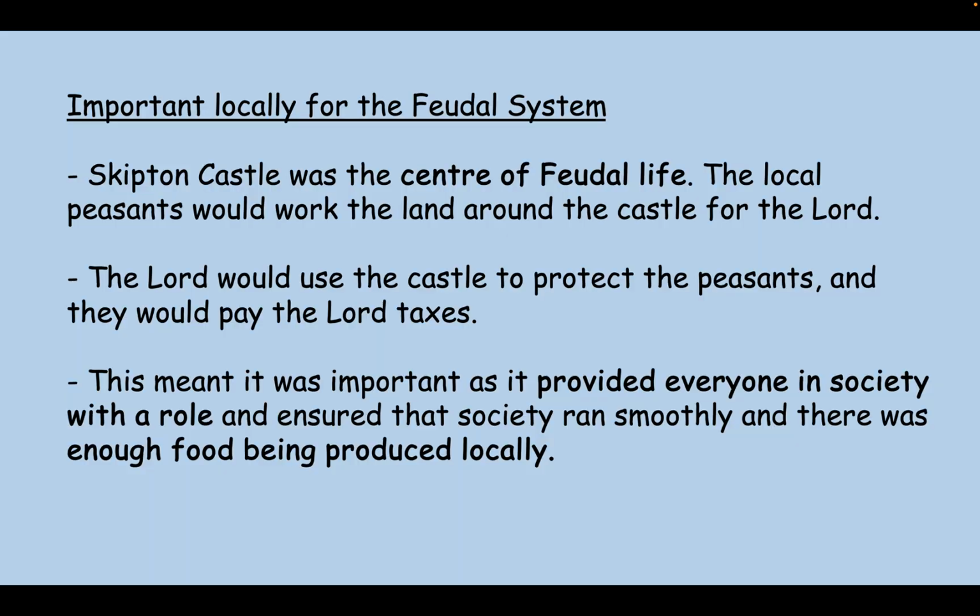In terms of it being important locally, it's really important for the feudal system. It's the centre of feudal life. If you think back to year 7, we've got the feudal system where the peasants work for the lord on his land around the castle. So it's important to give people a role. It provides them with a job, with like a production of food.